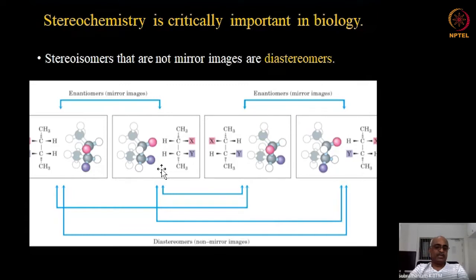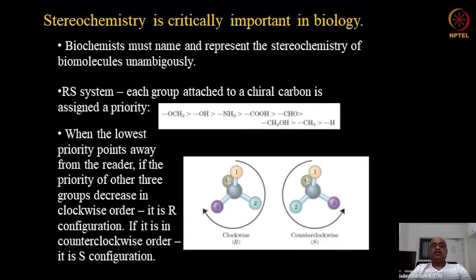Okay, so this often becomes very important in carbohydrate chemistry, because that's where we saw these kinds of arrangements. Okay, so when you have different groups attached, biochemists use a system called RS to refer to the specific configuration. The way it works is it is based on priority, and priority is assigned based on the functional groups.